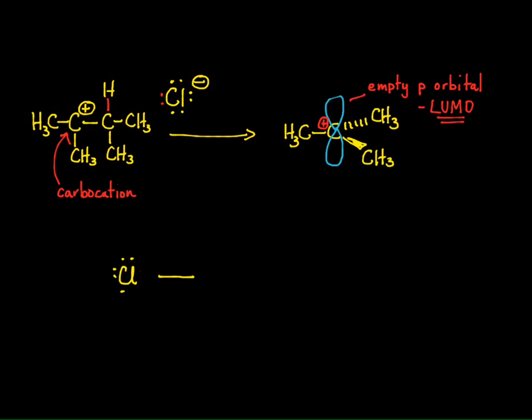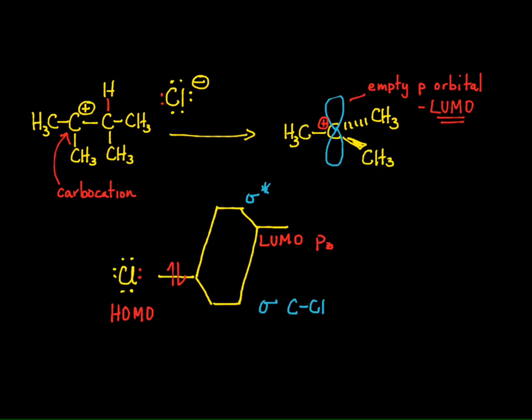So what happens in that second step is the chloride anion is going to interact with the LUMO of the pz orbital. So this is the LUMO of the pz orbital and the HOMO of the chloride. They're going to mix, and I'm going to create a sigma bond, that is a carbon-chlorine bond, and a sigma star bond. And when I think about where the electrons are coming from, they're only coming from the chloride.